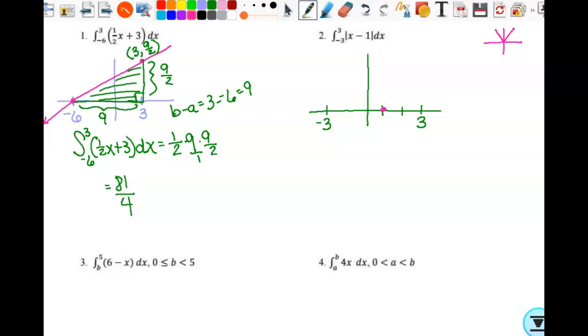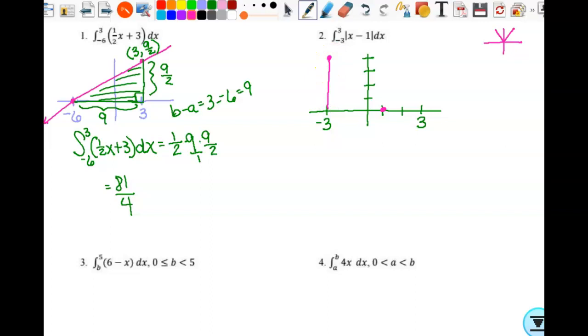Okay, because you don't want to have to substitute in a bunch of values. This is why we spend so much time on parent functions and transformations. All right, if I substitute a -3 in here, -3 minus 1 is -4, but then we make it positive, so we have this point right here.